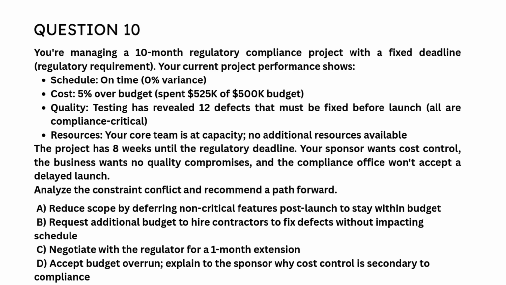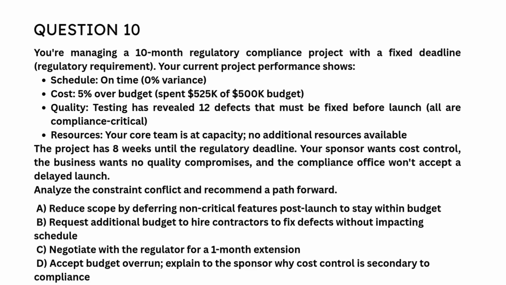Question 10. You're managing a 10-month regulatory compliance project with a fixed deadline, regulatory requirement. Your current project performance shows schedule, on time, 0% variance, cost 5% over budget, spent $525,000 of $500,000 budget, quality. Testing has revealed 12 defects that must be fixed before launch.